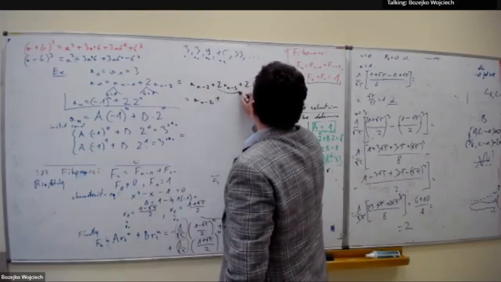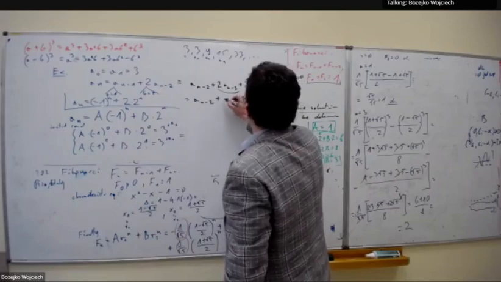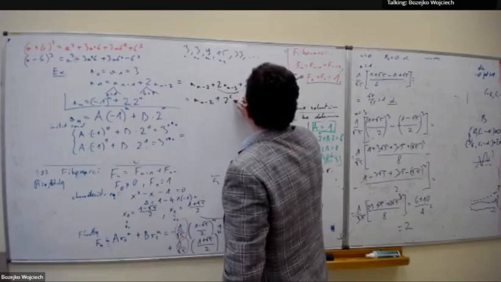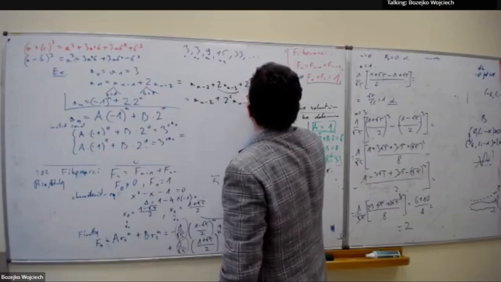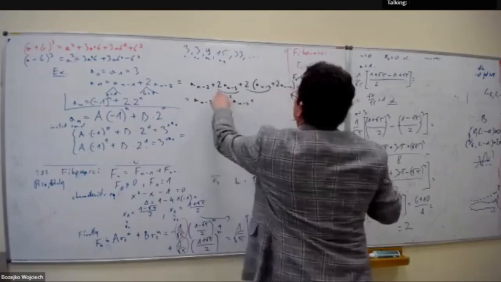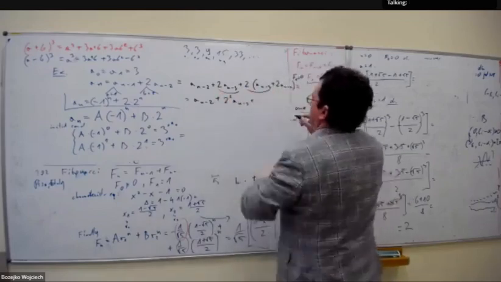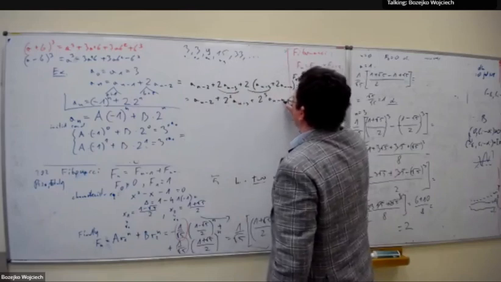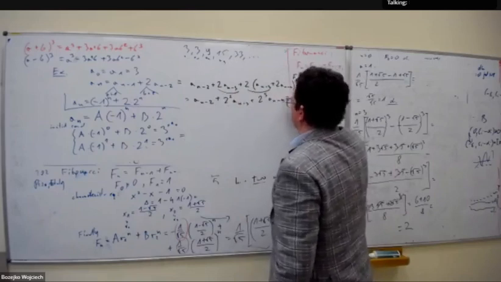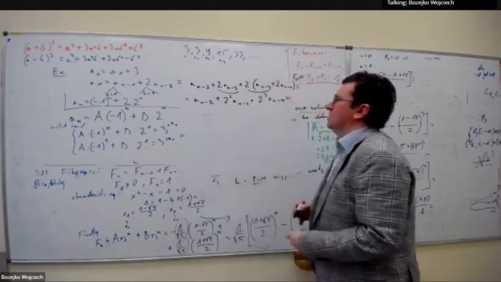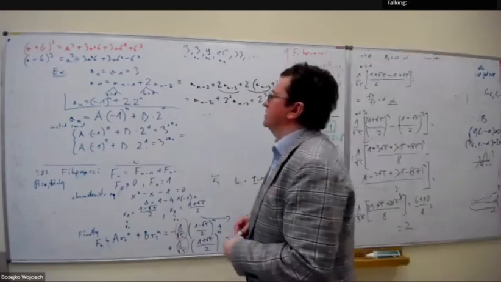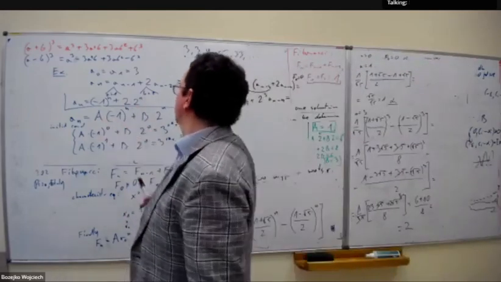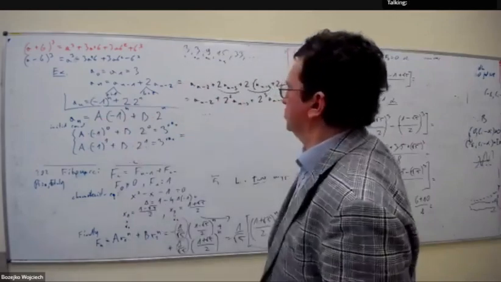This one is 2 times and this one is 2 times, so this is 2 squared times n minus 3, and this times this gives us 2 to the power of 3 times n minus 4, and so on.